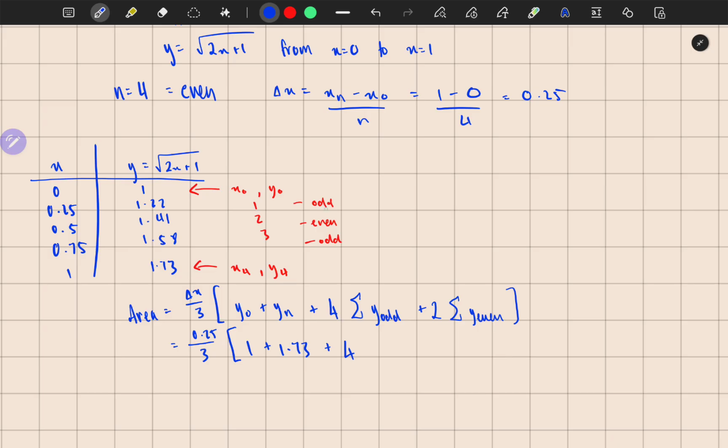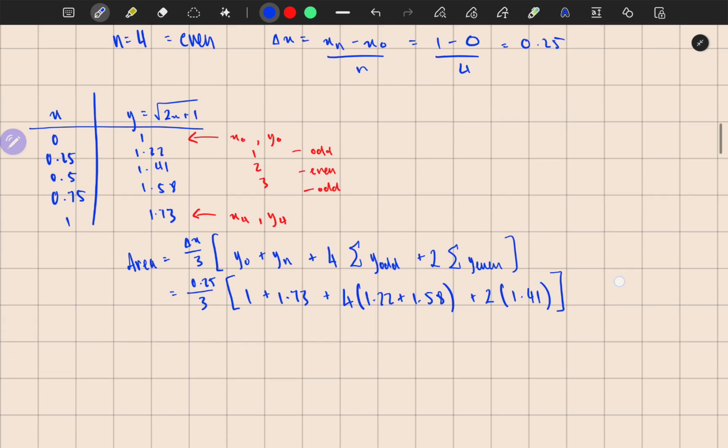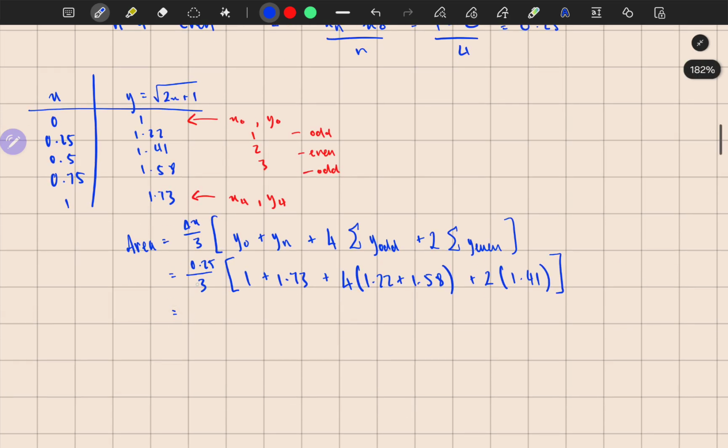So the odd numbers is going to be 1.22 plus 1.58, that's all of the odd numbers, plus 2 times the sum of all of the even y numbers, which is 1.41 only. So then use your calculator again to just solve all of this, and you get an answer of 1.3958.